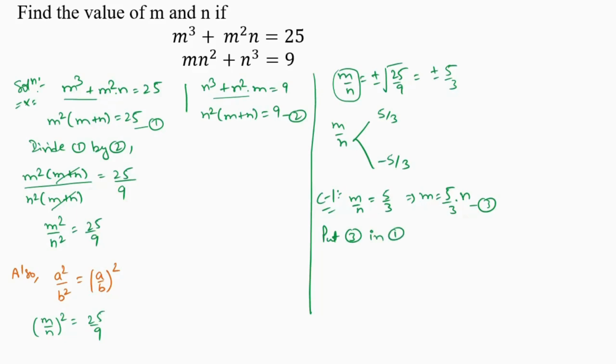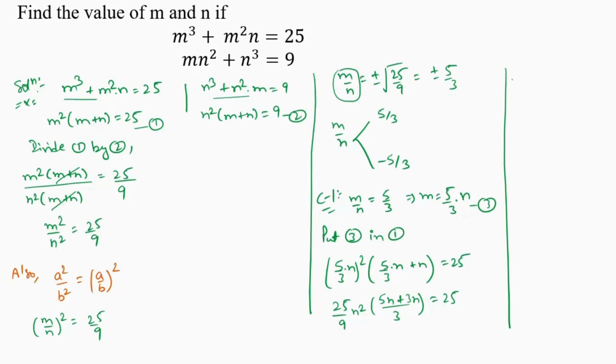So we get (5 by 3 times n) whole square times (5 by 3 times n plus n) equals 25. So on solving this we get 25 over 9 n square, and here we have to take LCM, so (5n plus 3n) by 3 equals 25.